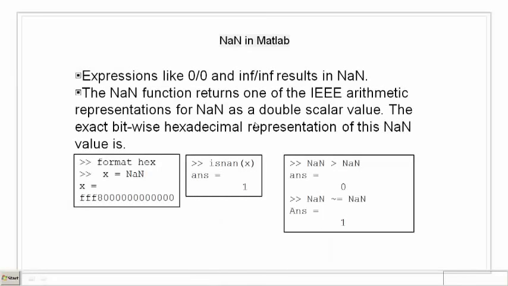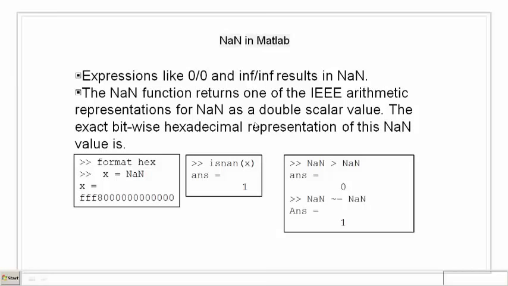NaN in Matlab. When there is a value that is not a real number and neither is it a complex number, Matlab represents such numbers with a special value called NaN, which stands for not a number. So expressions like 0 by 0 and infinity by infinity result in not a number.